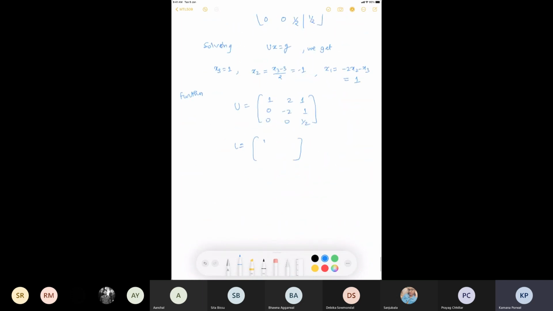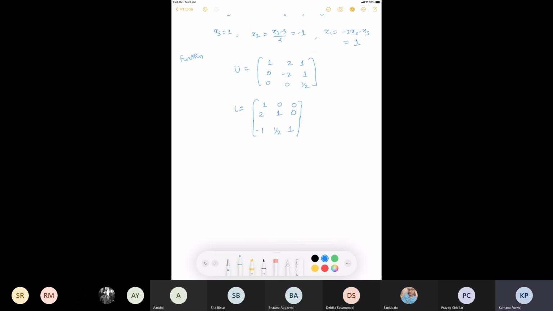So this is going to be (1, 0, 0), (2, 1, 0), and the diagonal I'm keeping 1. This is M21, and then M31 is -1, and M32 is 1/2. If you simply multiply L and U, you can verify that this is the same matrix A.